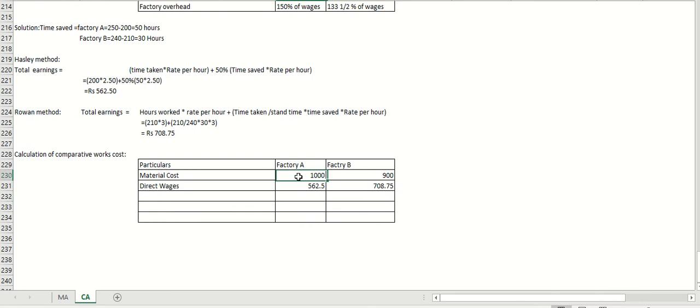Now if we total up, we'll get our prime cost, which is 1562.50 for factory A and 1608.75 for factory B. This is nothing but your prime cost.